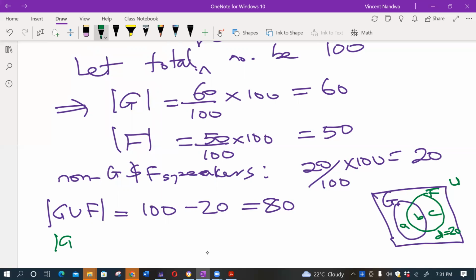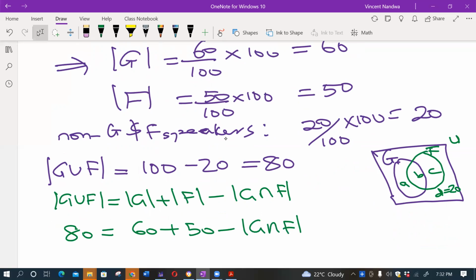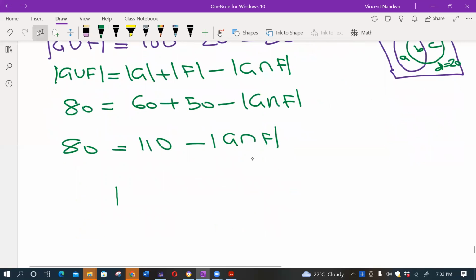So then by definition, G union F is cardinality of G plus cardinality of F minus cardinality of G intersect F. So G is 60, so 80 equals 60 plus 50 minus G intersect F. So 80 equals 110 minus G intersect F. When you make G intersect F the subject, you get 110 minus 80, which is 30.